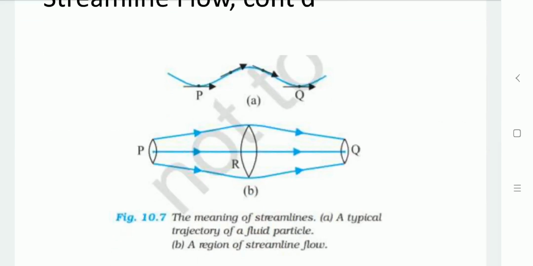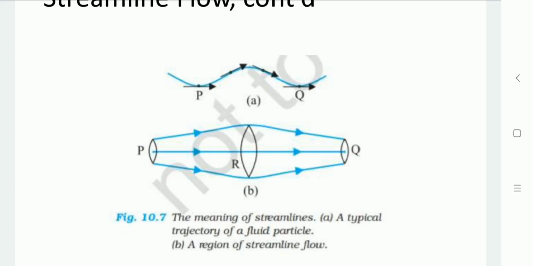The path taken by a fluid particle under a steady flow is known as a streamline. I repeat, the path taken by a fluid particle under a steady flow is known as a streamline. A curve tangent at any point gives the direction of the fluid and velocity at that point.